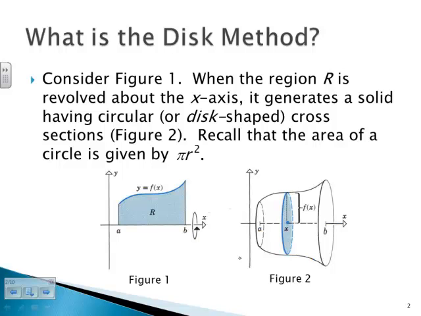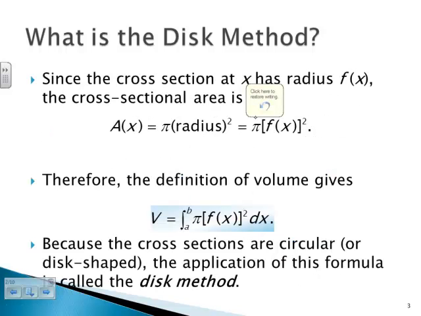Now recall that the area of a disk, or the area of a circle, is given by pi times its radius squared. In figure 2, our circular cross-section has a radius of f of x. So to compute its area, we multiply pi times its radius squared, in this case, pi times f of x squared.